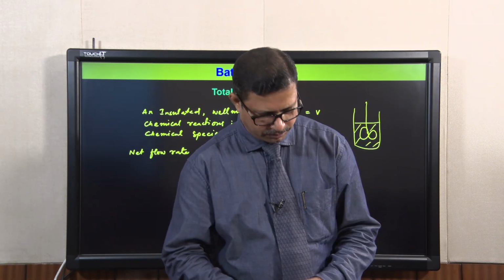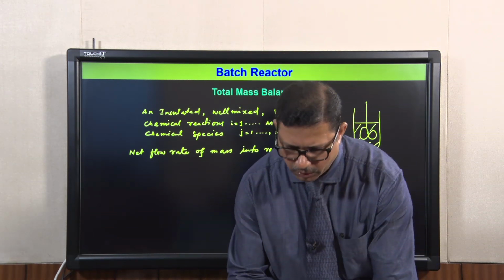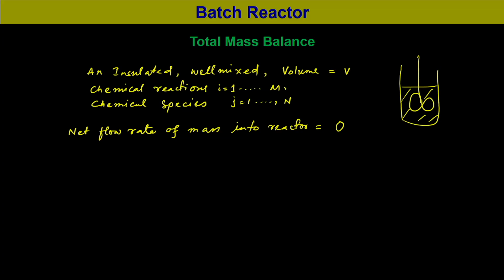So, the rate of production of mass within the reactor would be 0.